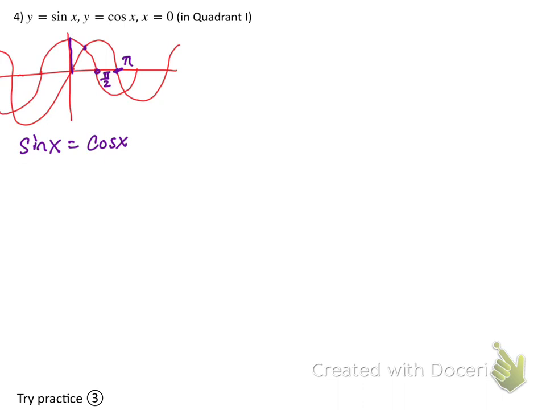So you have to have an acute angle, and which acute angle gives you the same sine and cosine? Hopefully you know that's 45 degrees or pi over 4. If you don't, you can think this way. It's an acute angle, right? So opposite over hypotenuse and adjacent over hypotenuse are the same, which means opposite and adjacent have to be the same. So 45 degrees.